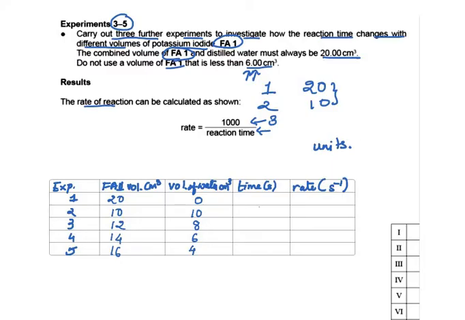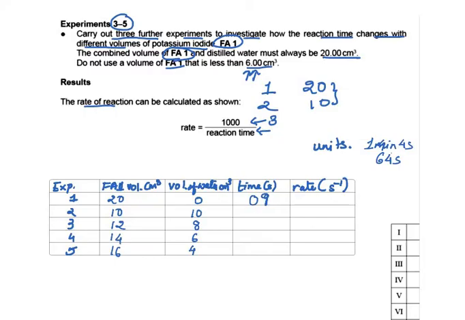Now about the time, what I had measured was 9 seconds for the first experiment. Now we should be writing the time in the nearest second. So suppose I had the time 1 minute and 4 seconds, in that case I should write it in seconds, nearest seconds. So I should be writing 64 seconds rather than writing 1 minute and 4 seconds.